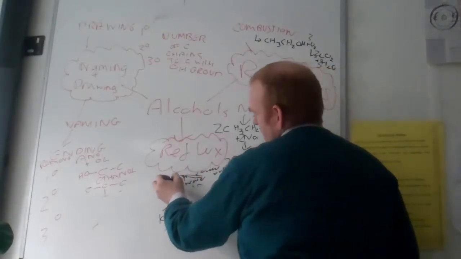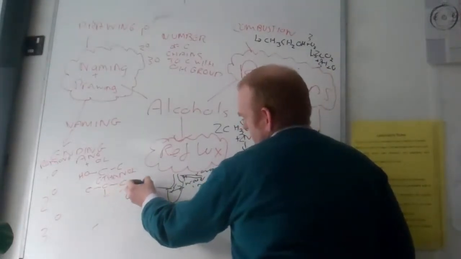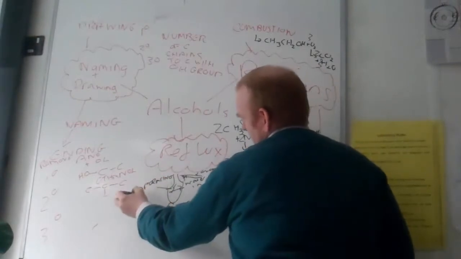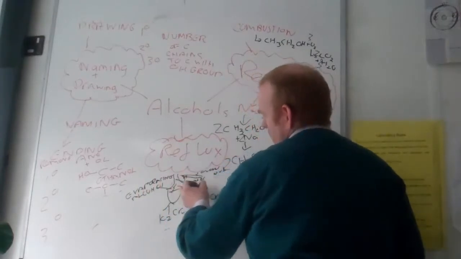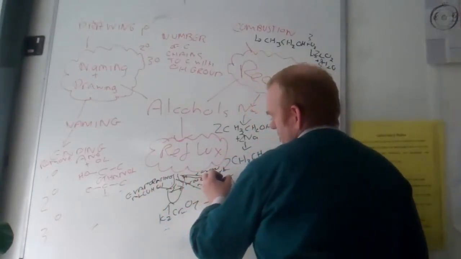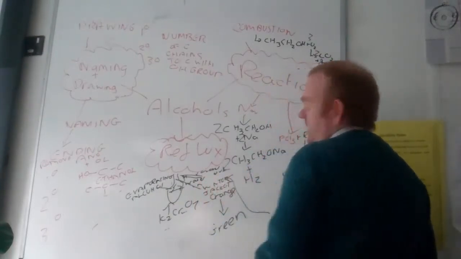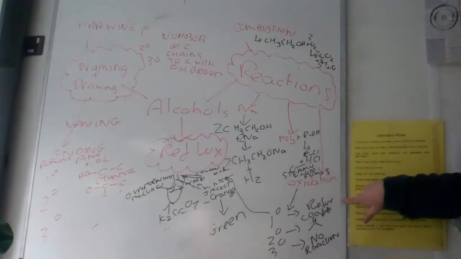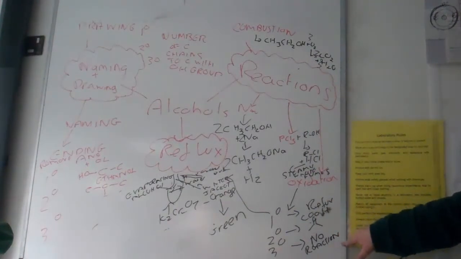So as soon as the alcohol evaporates, it condenses back down again as it hits the cold water in the water jacket. Okay, so we can get complete conversion of our alcohol. So our primary alcohol again would form a carboxylic acid, secondary alcohol would form a ketone, and tertiary alcohol would get no reaction.